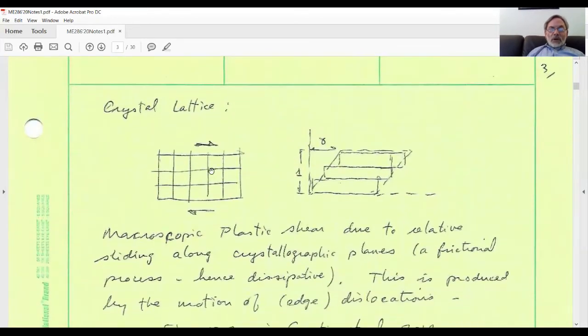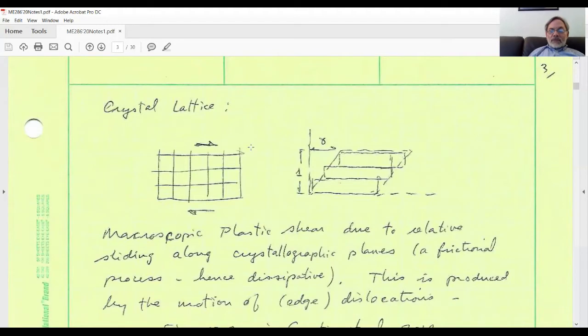Okay, so let's have a look at a very simplified view of the basic phenomenology at the microscale, at the scale of a crystal lattice. So here's a schematic diagram of a crystalline lattice, for example, a cubic crystal like iron, a single crystal. And here you have lattice points. The basic fundamental lattice is one of these squares or cubes. And at the intersecting points of these lines you have an atom in the lattice.